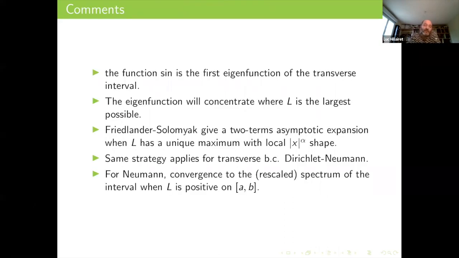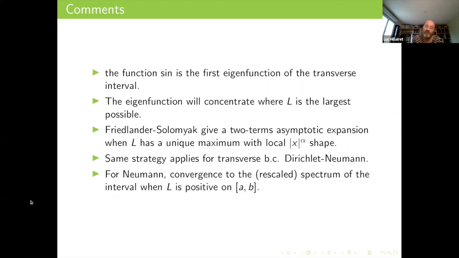And what you see also is that the eigenfunction will concentrate where L is the largest possible. And you can have a two-term asymptotic expansion using Friedlander and Solomiak's work. And that gives you an answer for any L that has a unique maximum with a local shape of the form x_+ to the alpha and x_- to the alpha.